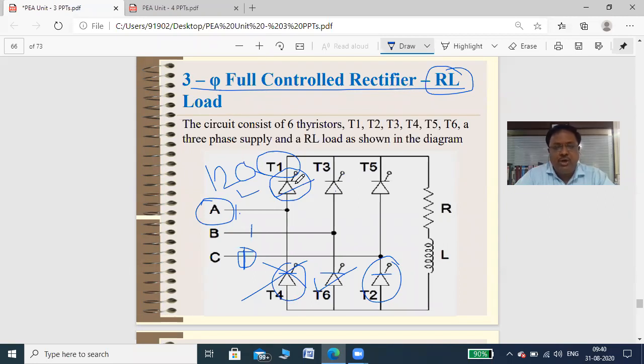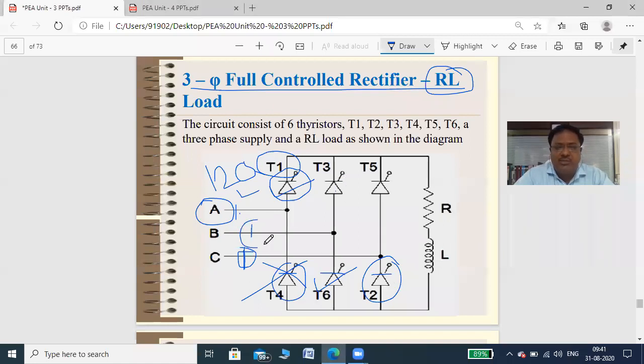Only T1 is in forward bias condition. At the same time, either B is more negative or C is more negative. So once T6 will conduct, the second time T2 will conduct, because T1 is conducting for 120. So once T1, T6, then T1, T2. After that, T2, T3 conducts.